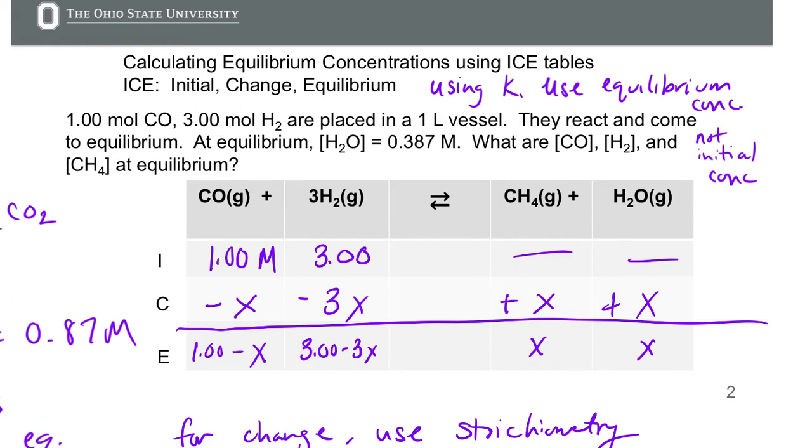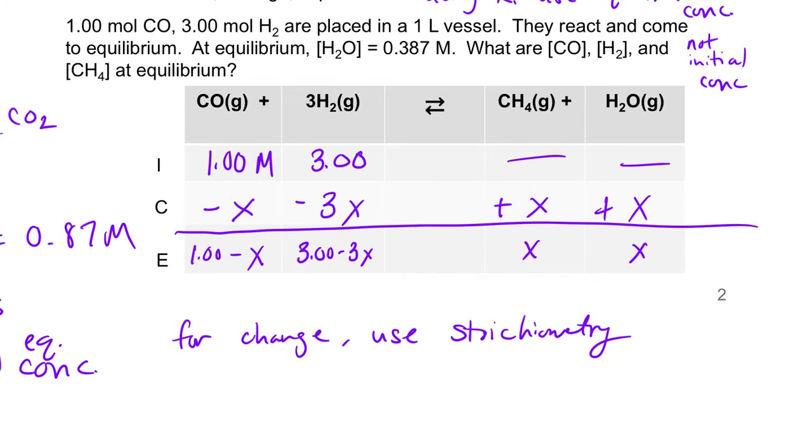Okay, we're given one other thing in the problem, right? So we know that the concentration of water at equilibrium is 0.387 moles per liter. So that tells us that X must be equal to 0.387 moles per liter.